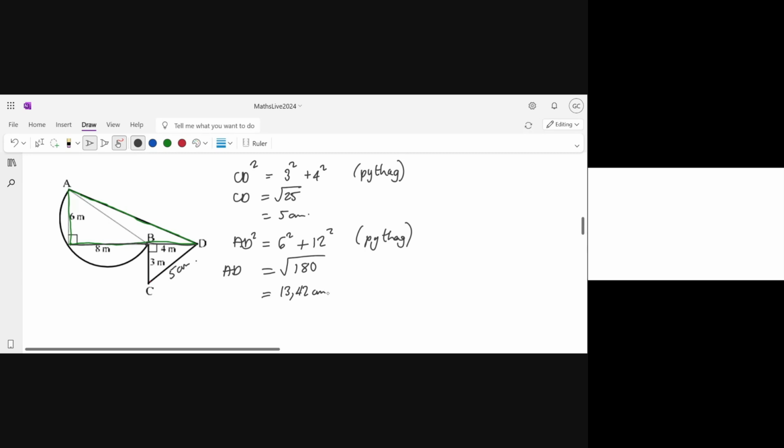So AD is equal to 13,42 centimeters. Oh, guys, why am I lying? I'm lying to everybody. Does anybody notice why ma'am is lying?